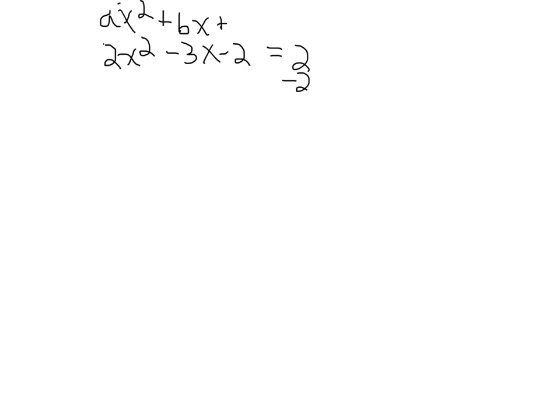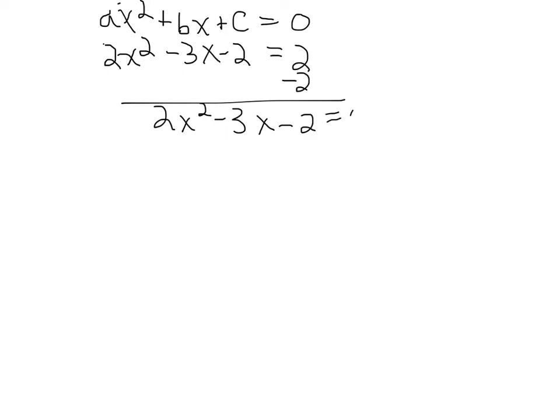Ax squared plus bx plus c equals 0. So now we have accomplished this, and we've got it in 2x squared minus 3x minus 2. Is it minus 3x? Yes. Equals 0. I've got room over here, so I'm going to say a is equal to 2, b is equal to negative 3, c is equal to negative 2.